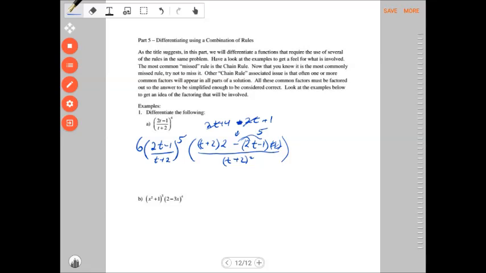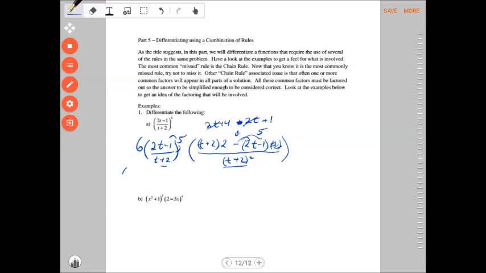The next thing we're going to notice is that there's a t plus 2 squared on the bottom, and there's also a t plus 2 here. How we do this with fractions is, remember, this 5 belongs to the top and to the bottom. So watch this.